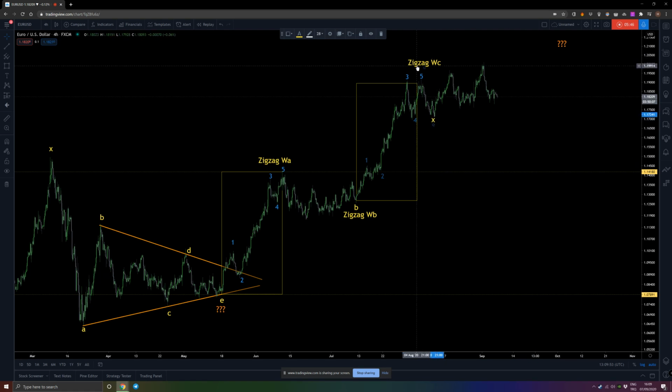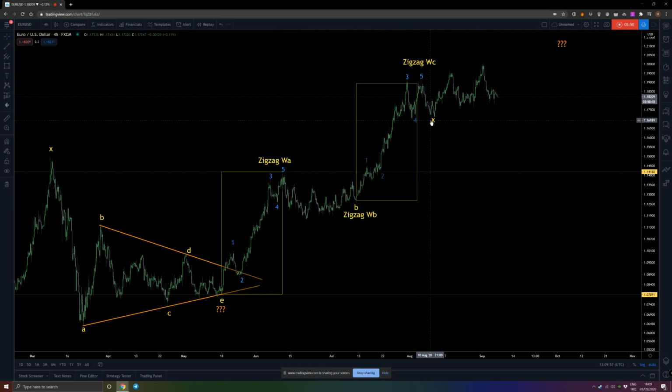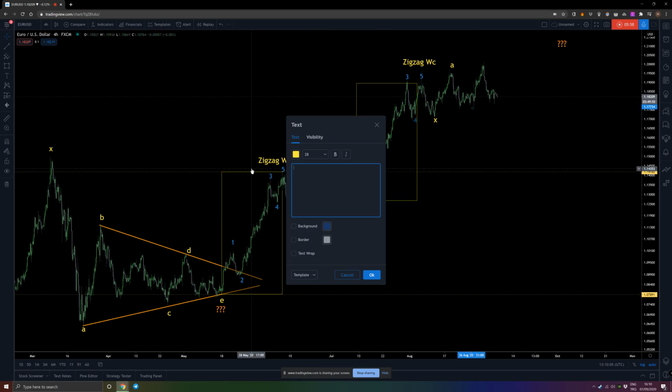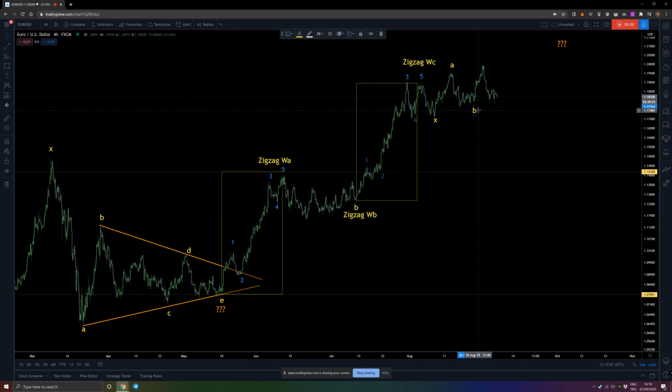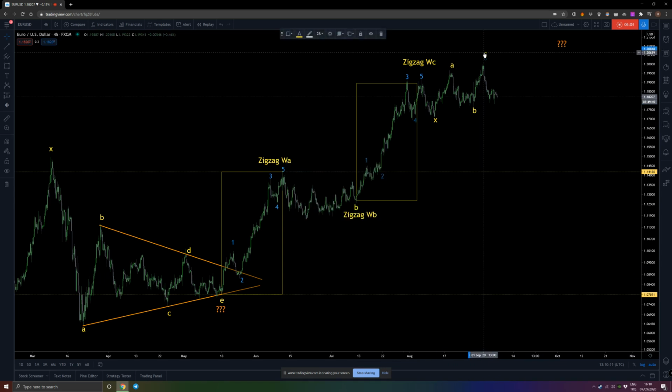If we have a wave X here, okay, actually let me delete. We can have something like this. We can have a wave A, a wave B, a wave C, a wave D, and I don't know, maybe wave E. We can have an expanding triangle.